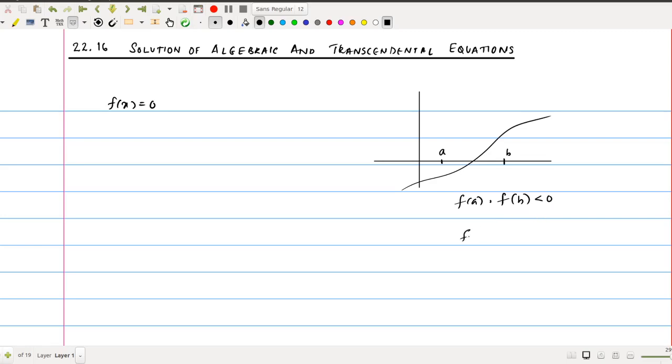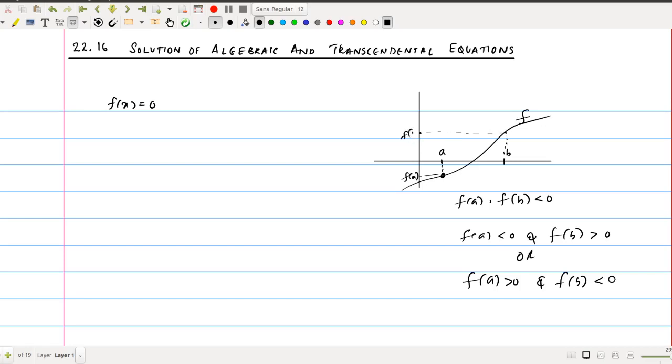If f of a is less than 0, then f of b is greater than 0, or f of a is greater than 0 and f of b is less than 0. If one of these cases happens, then with this graph, f of a is negative and f of b is positive.